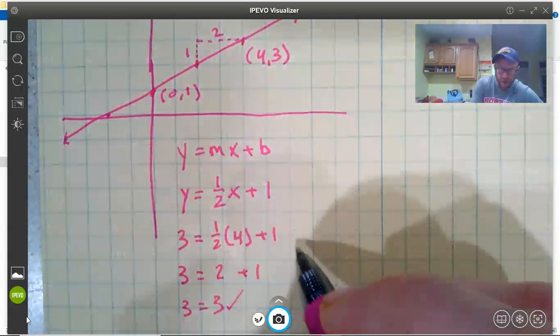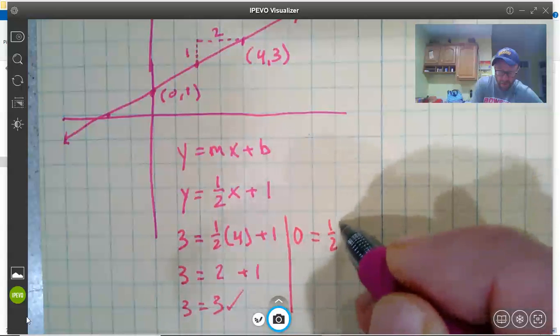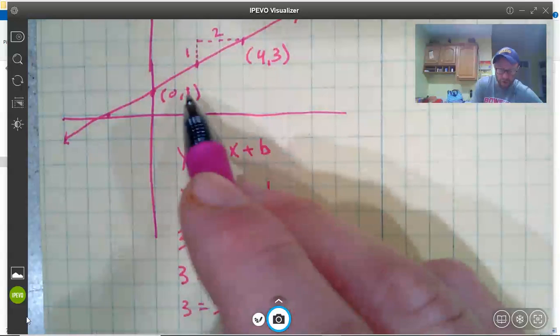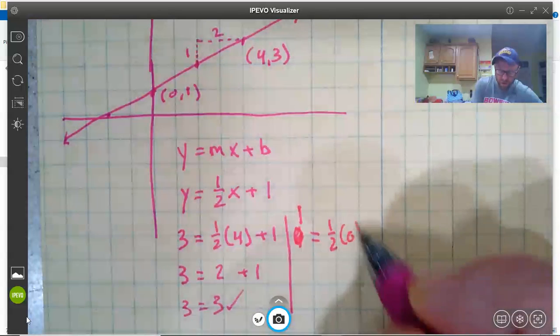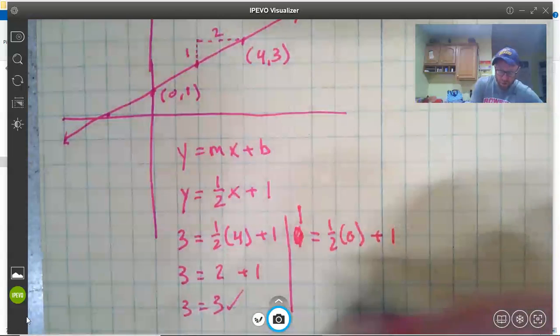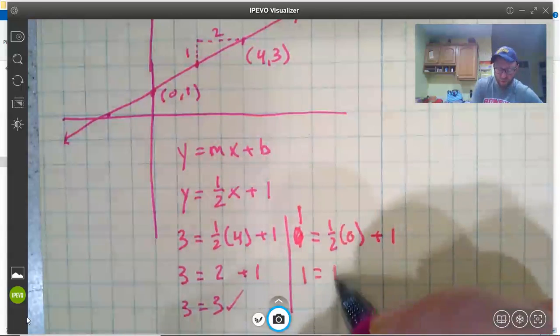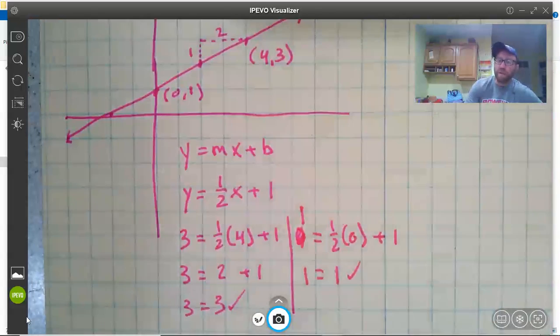Y is 1, 1/2 times 0, our x-coordinate, plus our y-intercept, which is 1, and we get 1 equals 1/2 times 0 is 0, plus 1, so check. So it's true about both points. This equation is a statement that's true when I plug in the coordinates for any point on the line.